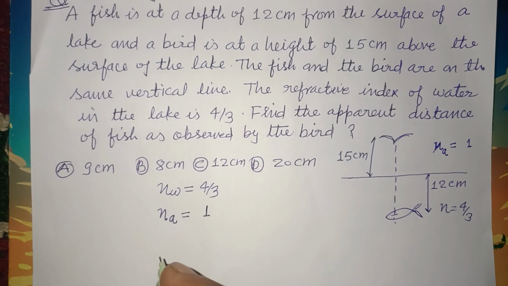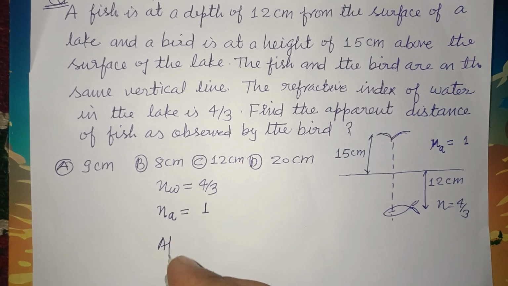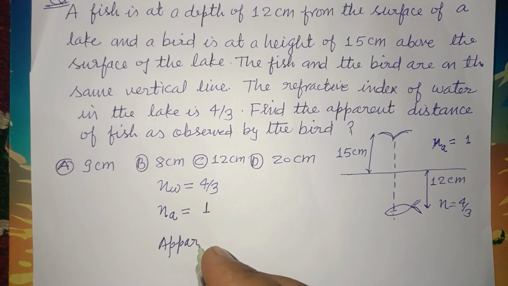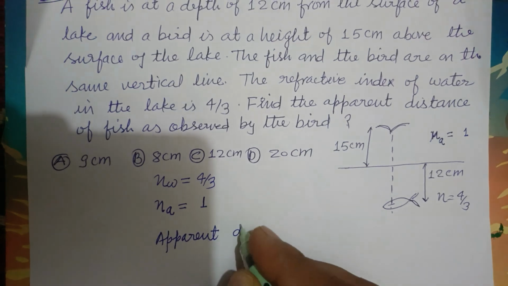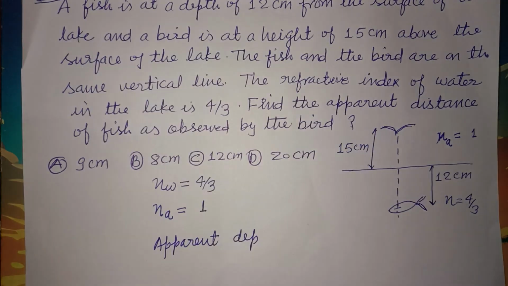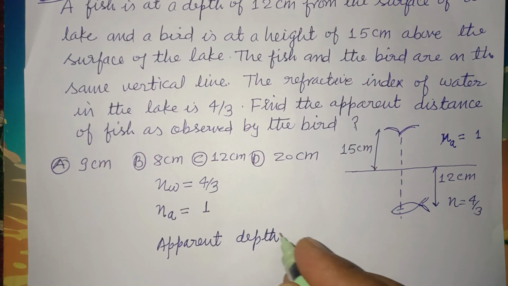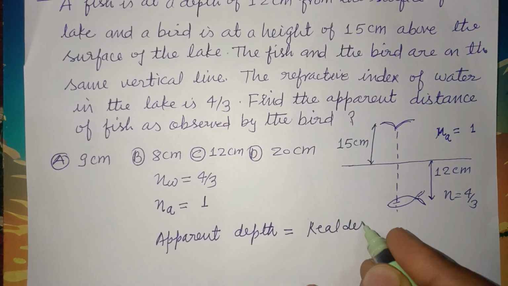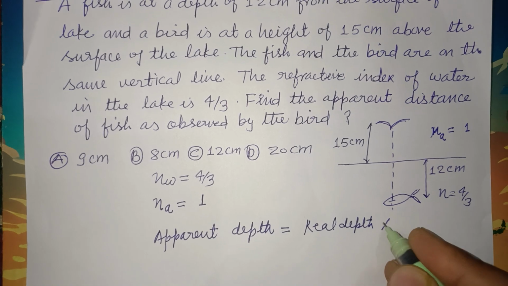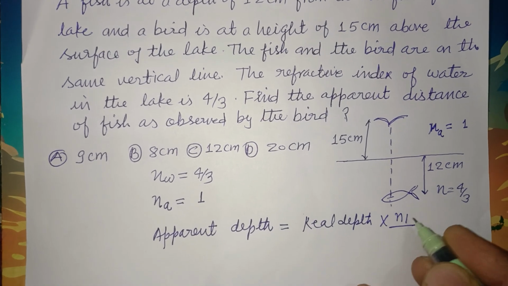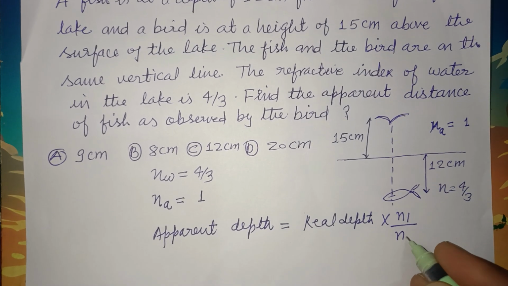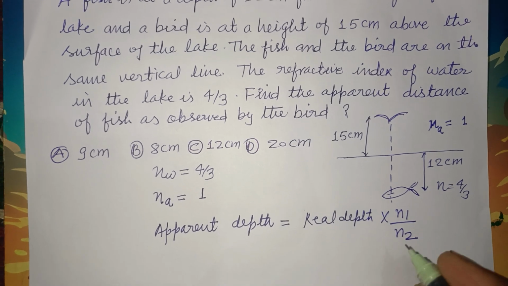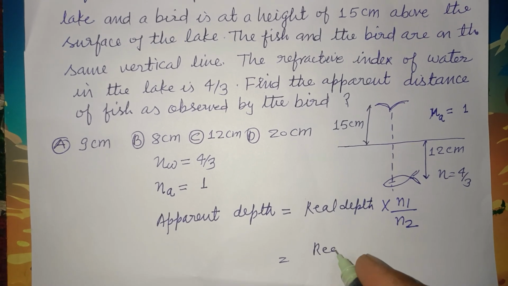Okay, so therefore apparent depth is equal to real depth into n1, first medium refractive index, upon second medium refractive index.